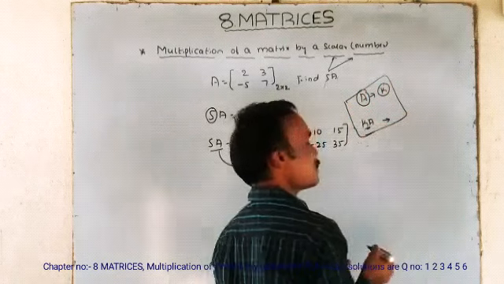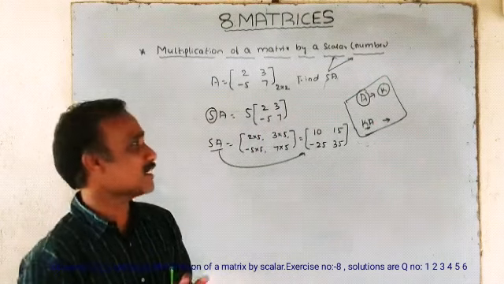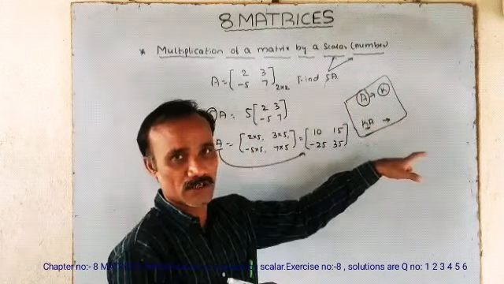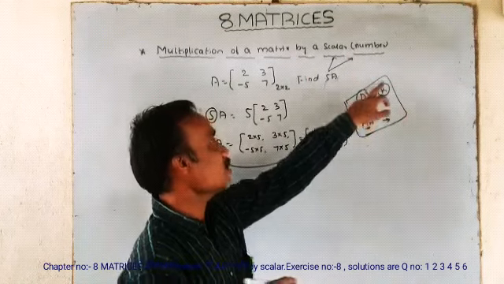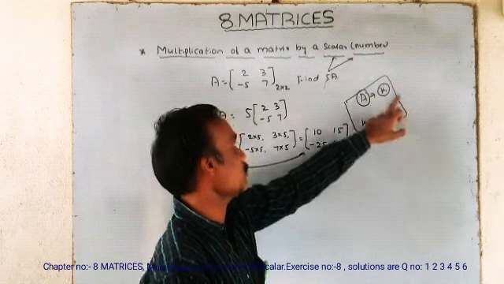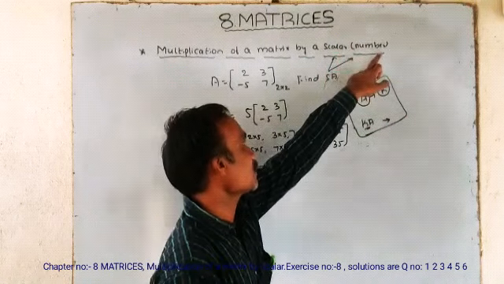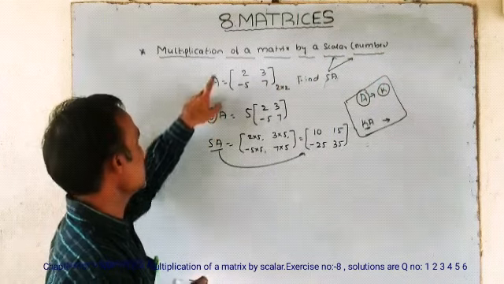If A is any matrix of any order, and K is a number, then the matrix KA is obtained by multiplying each element of A by K. K means any number or scalar. So this is the definition. It is very simple.